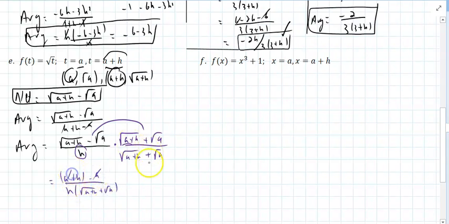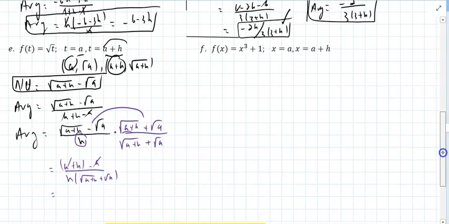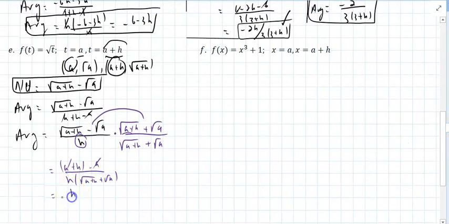The a's cancel out, and you'll notice the h's will cancel out as well. And I'm left with 1 over the square root of a plus h plus square root of a.